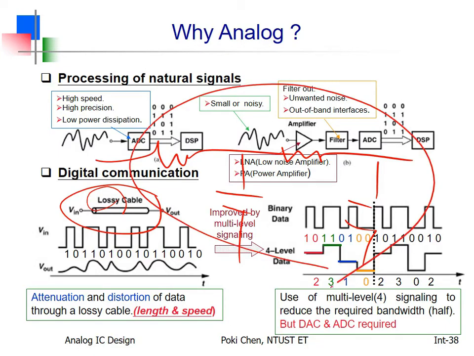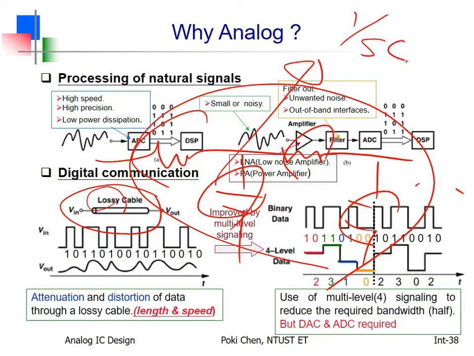In such a structure, what kind of filter will you get? Equivalently, what kind of filter? R here, C there, R here, C there, and so on. Low pass, right? Because the impedance of C is 1 over sC.